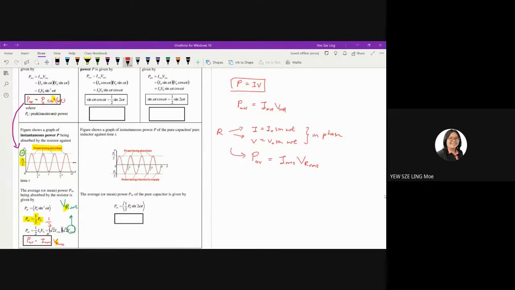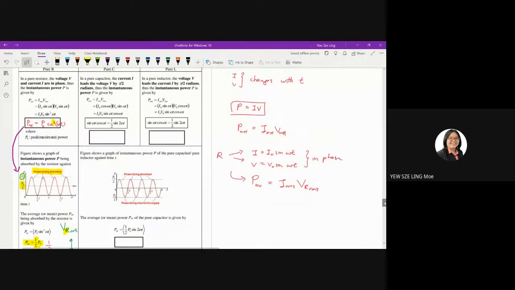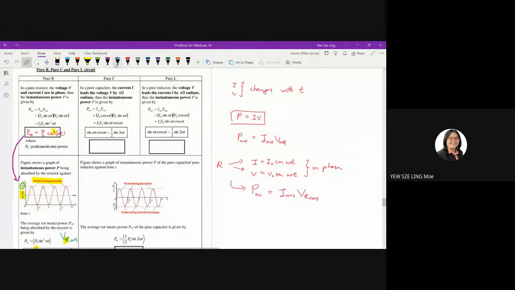Now let's look at the pure L and pure C circuits. If you look at a pure C circuit, in a pure capacitor the current leads voltage by pi over 2 radian. So what happens right here?